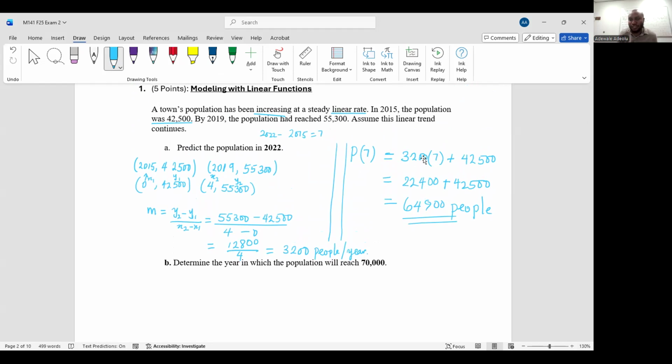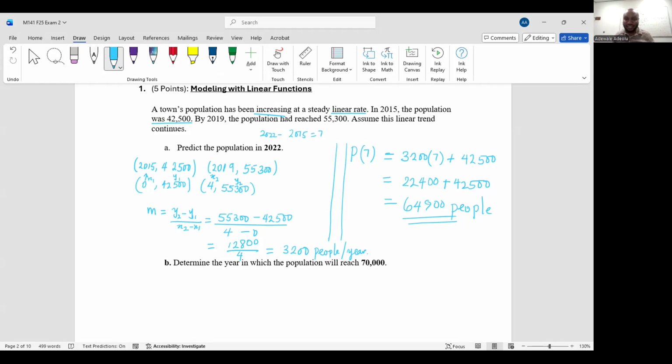I just said, I want to find the population 7 years after. Then I said, well, it is increasing 3,200 every year. So I need to multiply that by 7. And then I add the starting point. That is when the time is 0.